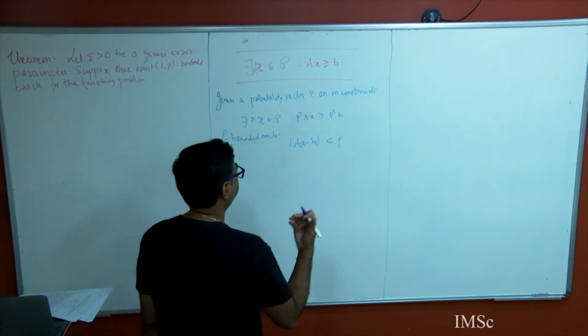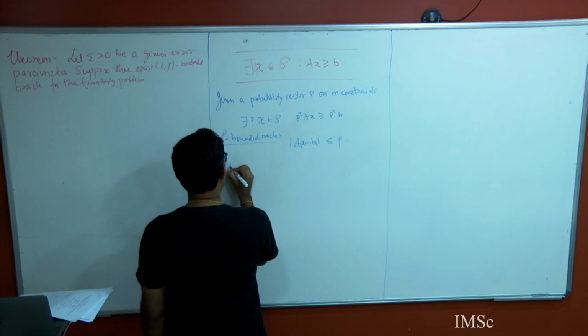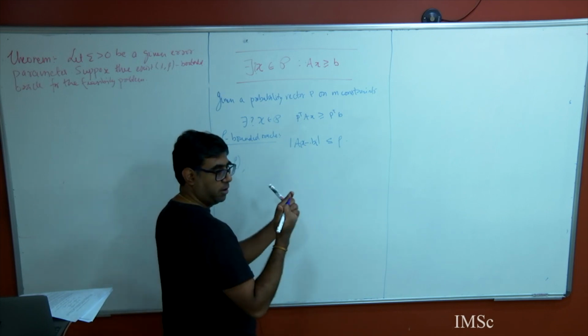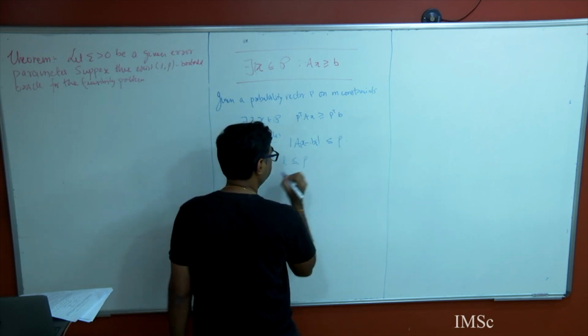But when we had this L-rho bounded oracle, we had a lower bound and upper bound, so L is less than or equal to rho.